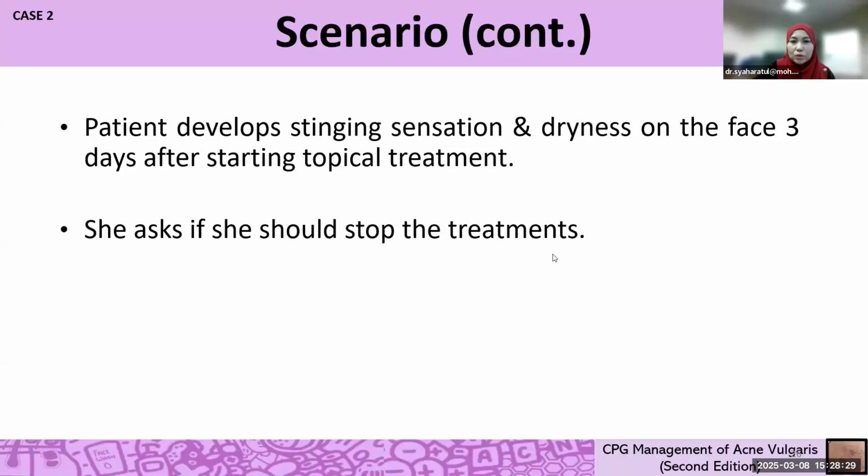Or reduce to 2.5% benzoyl peroxide or use EOD. Yes, it's a good suggestion also. Anything else? Anybody would ask the patient to stop altogether? Use one agent only. Yeah, you can do that. Stop first, apply moisturizer once face better, then only start treatment again. Yep, you can do that.